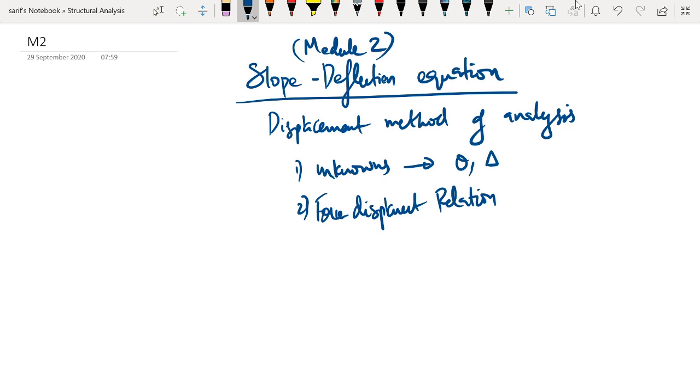So slope deflection equation is basically a force displacement relation, and this we will be solving using joint equilibrium conditions. So after doing this, we will be applying the basic equilibrium equations to solve the problem.